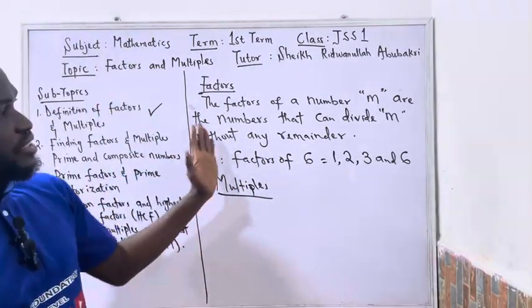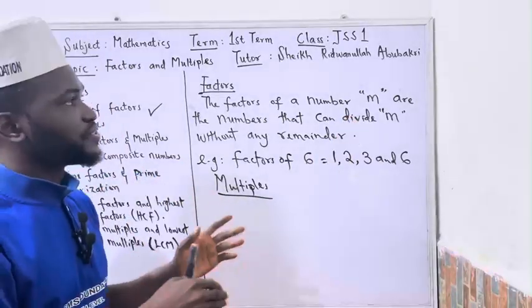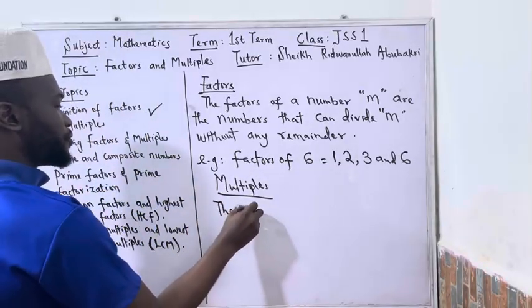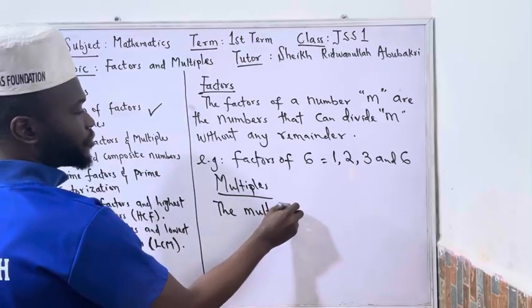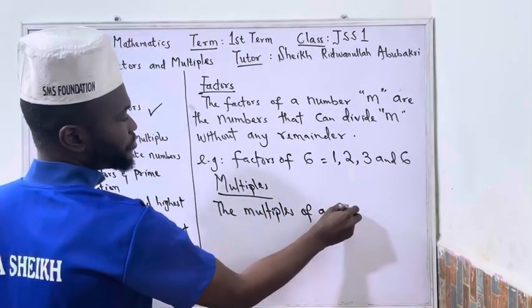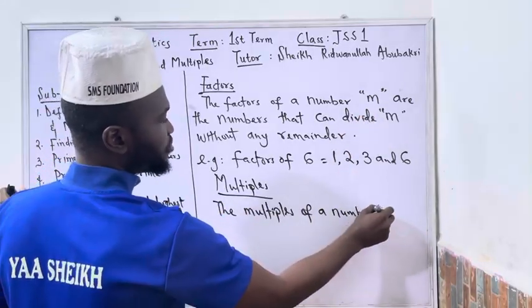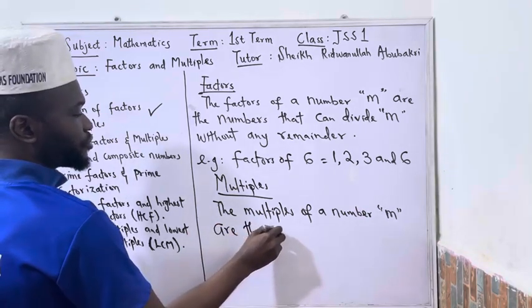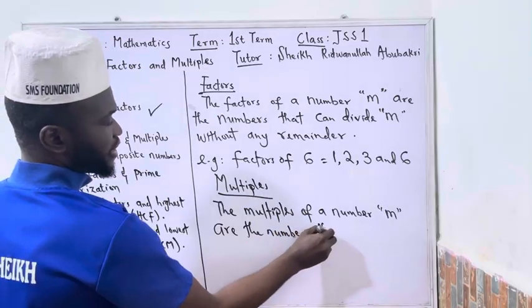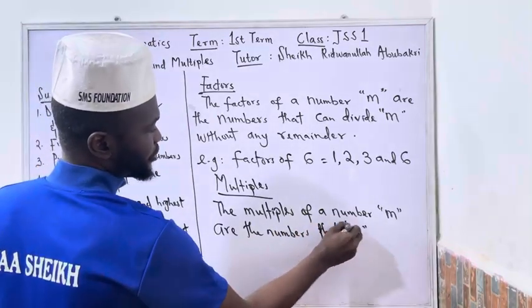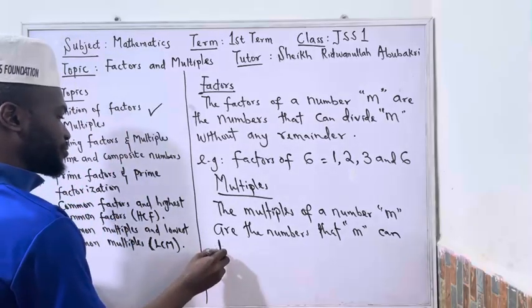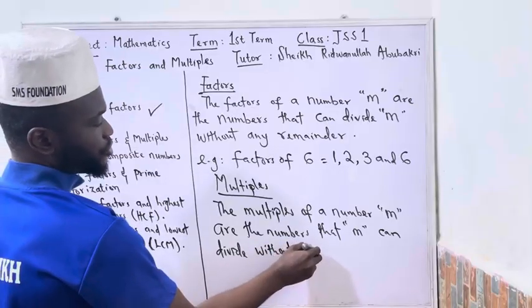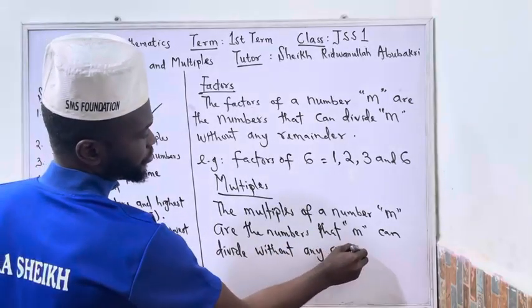I will define it the same way, but you just see the difference. So the multiples of a number M, let's say the number is M also, are the numbers that M can divide without any remainder.